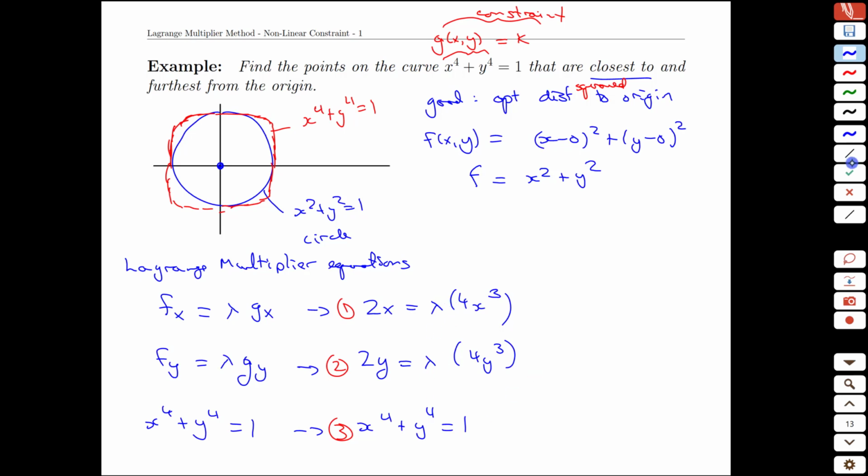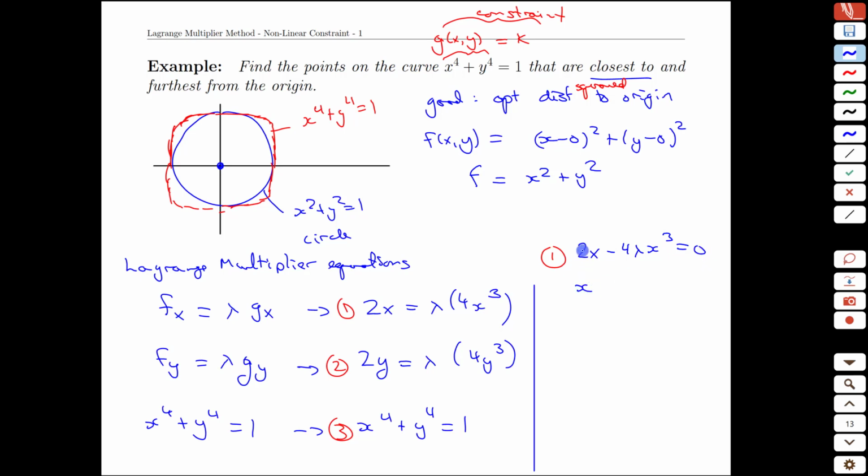Now we need to be able to solve for these various forms, so let us take equation 1 and see what we can do with it. Because we have multiple x's and it's dangerous to divide through by variables, it's nicer to be able to put this in factored form. So what we're going to do is bring this to the other side. 2x minus 4 lambda x cubed equals 0. And then what we're going to do is factor.